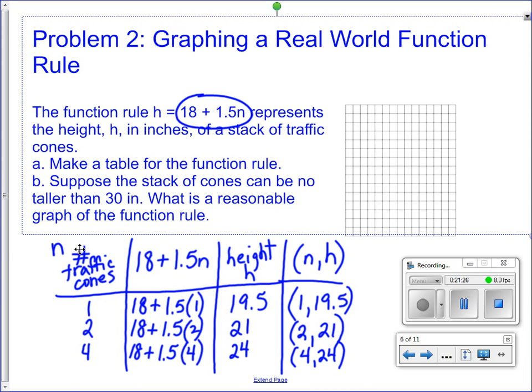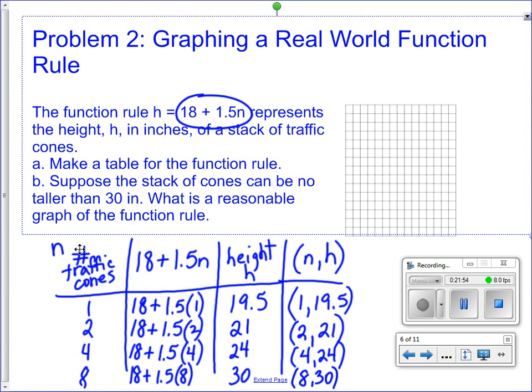All right, and I'm going to add one more number. Let's choose 8. So I have 18 plus 1.5 times 8. 1.5 times 8 is 12. 12 added on to 18 is 30. So I have the ordered pair 8, 30.